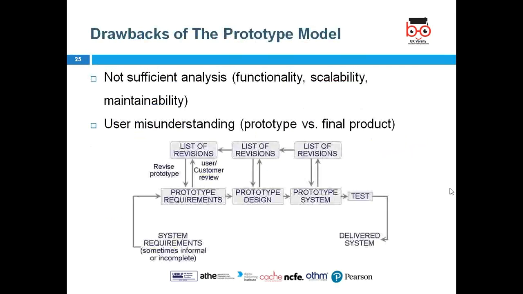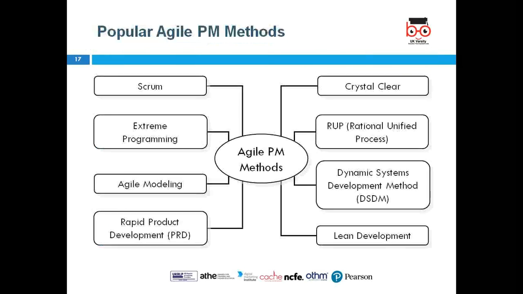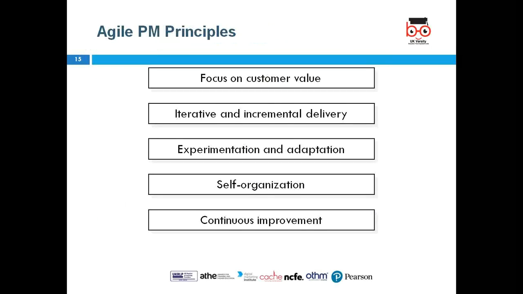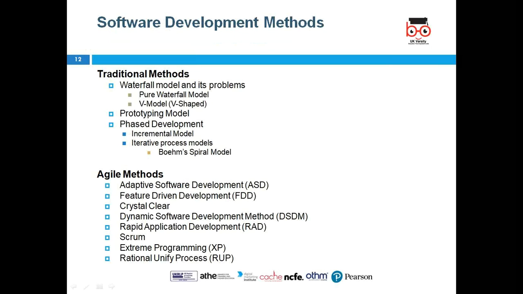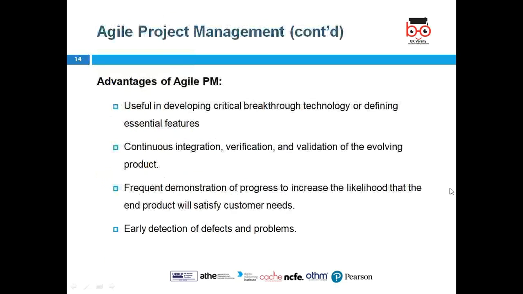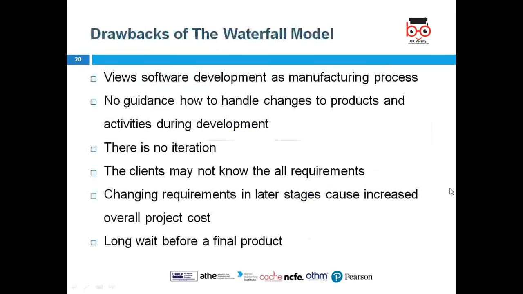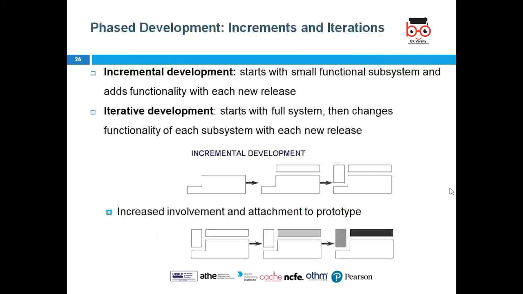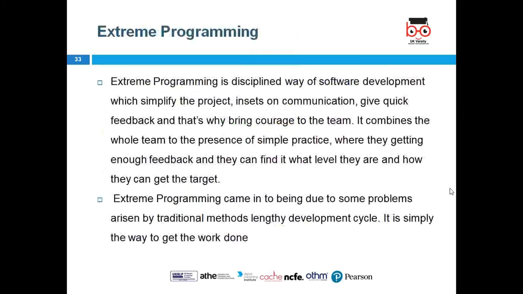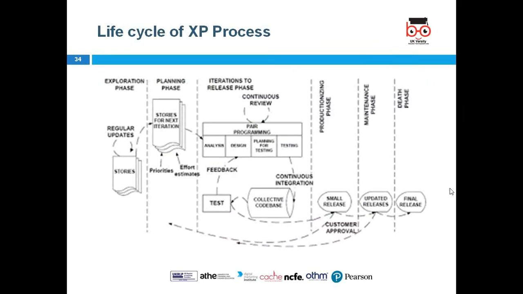And then if we come to agile development, agile development has the advanced methods, which are extreme programming, RUP, and DSDM. So let us have a look at them.